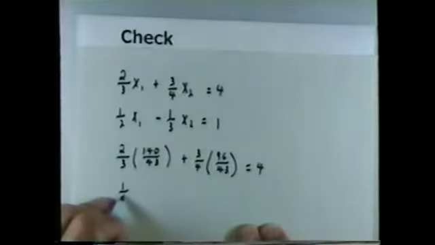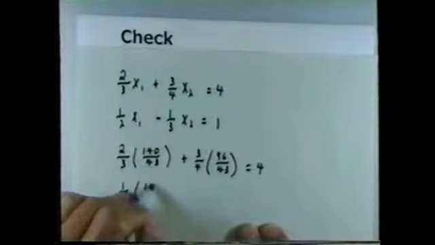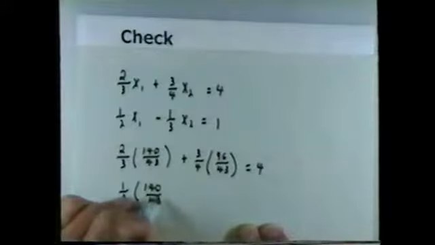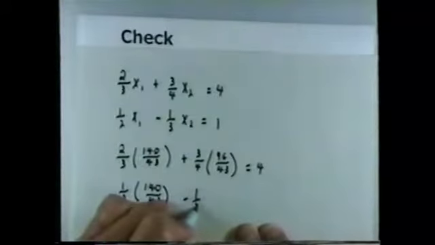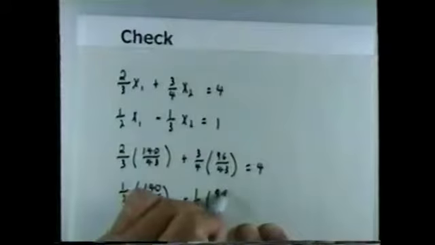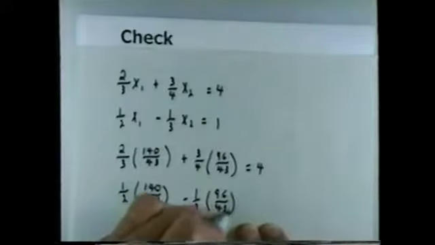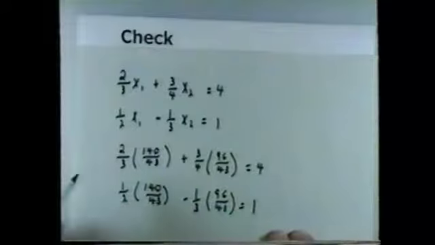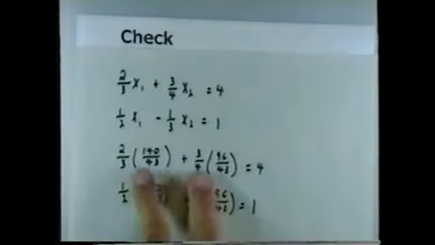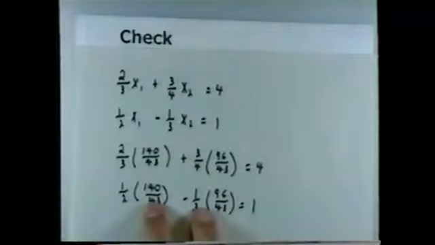We have 1/2 times 140/43 minus 1/3 times 96/43 is equal to 1. So we must check both of those. I'll leave it to you to verify on your calculator that this left expression evaluates to 4, this expression evaluates to 1, and that would serve as the check.